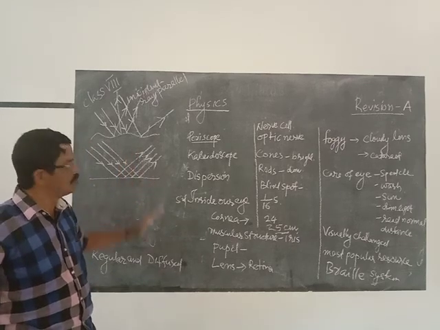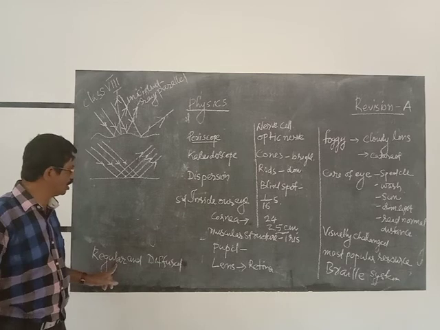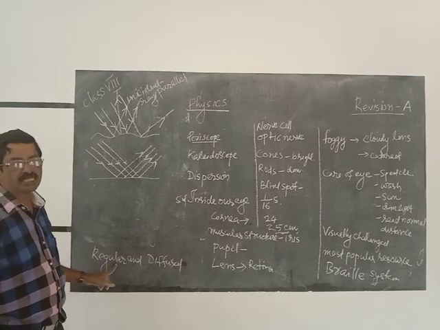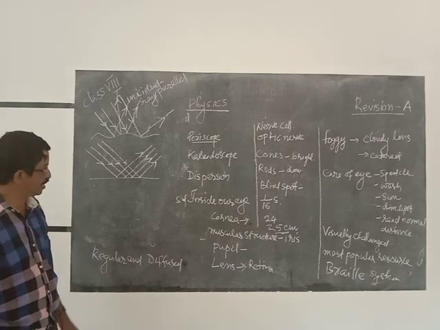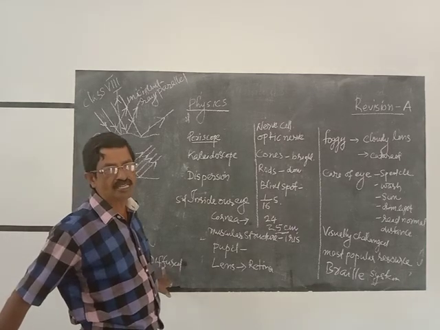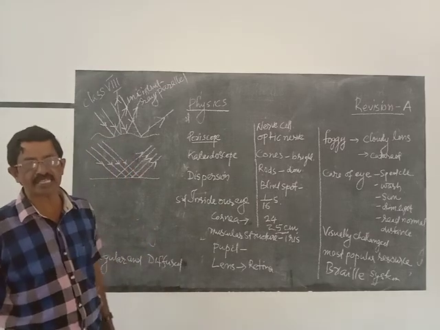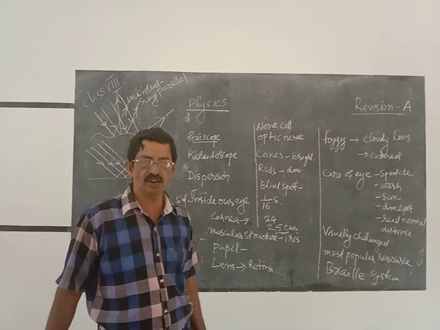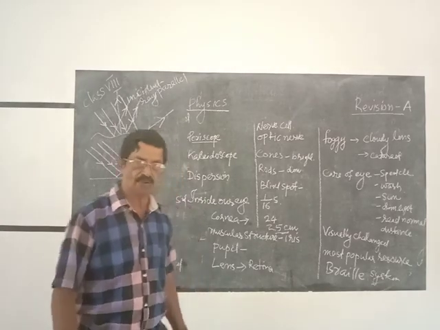So this can form an image. Only in the case of regular reflection is there image formation. But in the case of diffuse or irregular reflection, no image is formed. But in both cases, the laws of reflection are applicable.